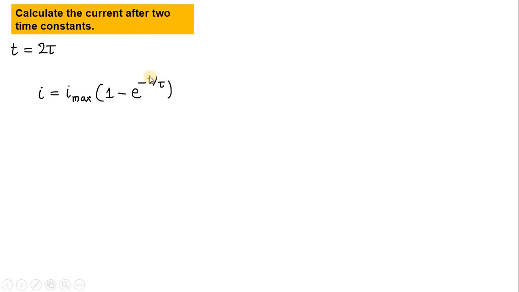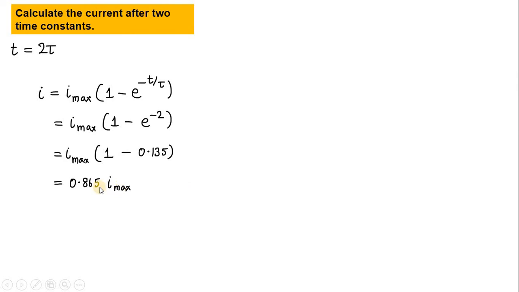Substituting, we get 1 minus e power minus 2. The value of e is approximately 2.7. You can do the square and take the reciprocal: e power minus 2, or 1 upon e square, is 0.135. Subtracting, you get 0.865 times the maximum current, that means 86.5%.